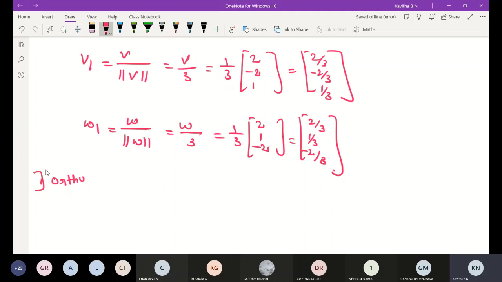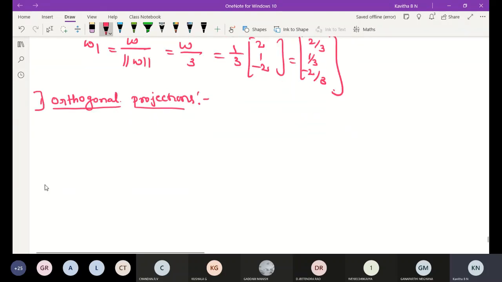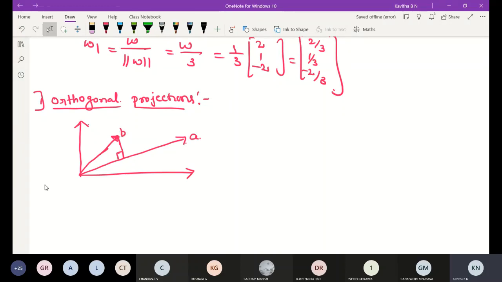Write down. So the next heading is orthogonal projection.